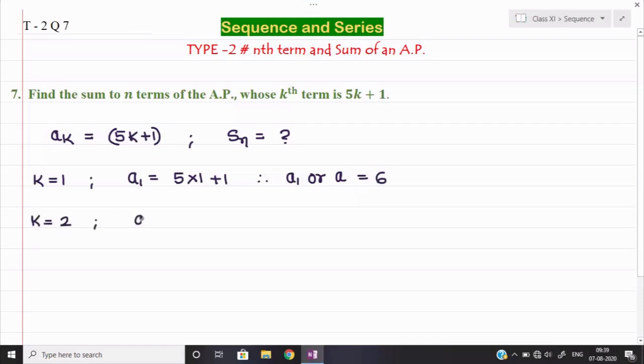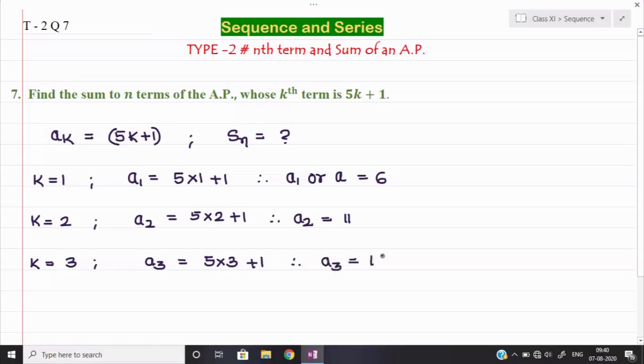So the value of a2 will be equal to 5 into 2 plus 1. So therefore a2 is equal to 11. Let us find one more term. If I take k is equal to 3, the value of a3 will be equal to 5 into 3 plus 1. So a3 will be equal to 16.